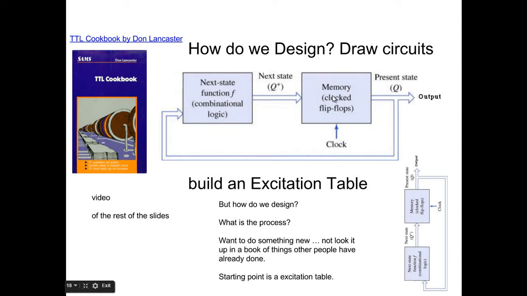We think about this model right here. Now sometimes it's drawn sideways like this, where the combinatorial logic's on the bottom and the flip-flops are on the top and the output comes out the top. But you can see that there's another feedback loop going on. So what we're doing is we're beginning to take the feedback that created memory right here in the first place.